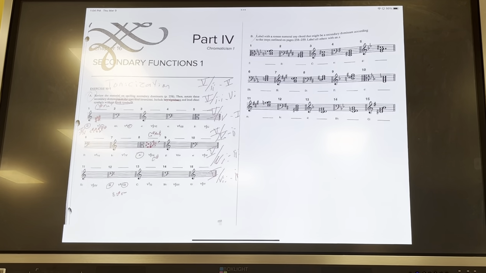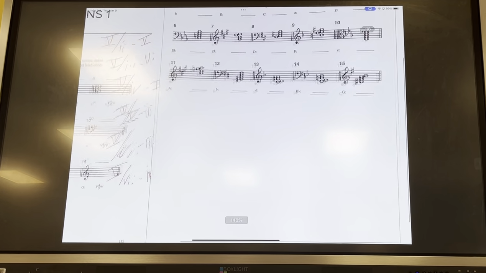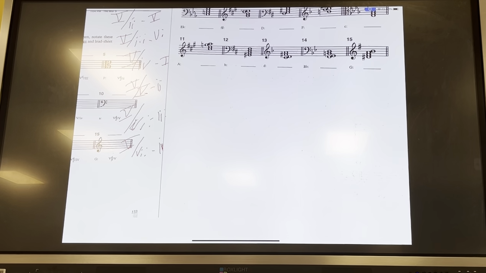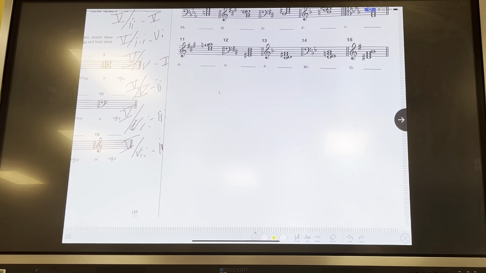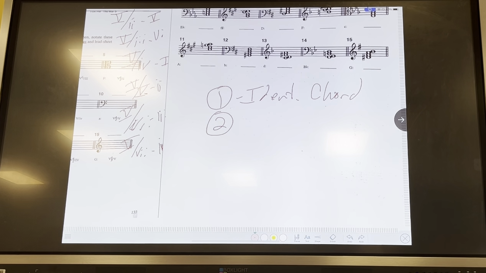So, in this section, I'm going to go back here. Step 1 is what? What type of chord is it? Yeah, identify the chord. Step 2 is what? Find the new tonic.